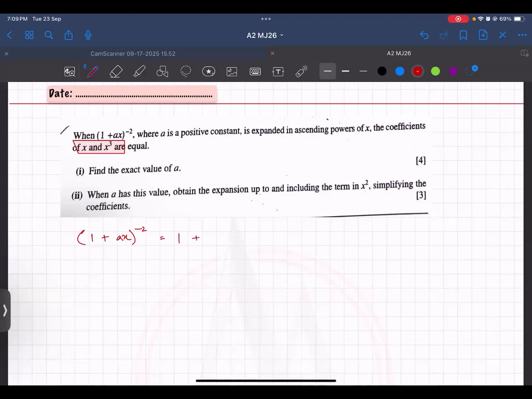Then n, your n is minus 2, times ax to the power 1 divided by 1 factorial, plus n minus 1, so minus 3, and ax squared upon 2 factorial. And then the third one, n minus 1, n minus 2, and ax cube upon 3 factorial.